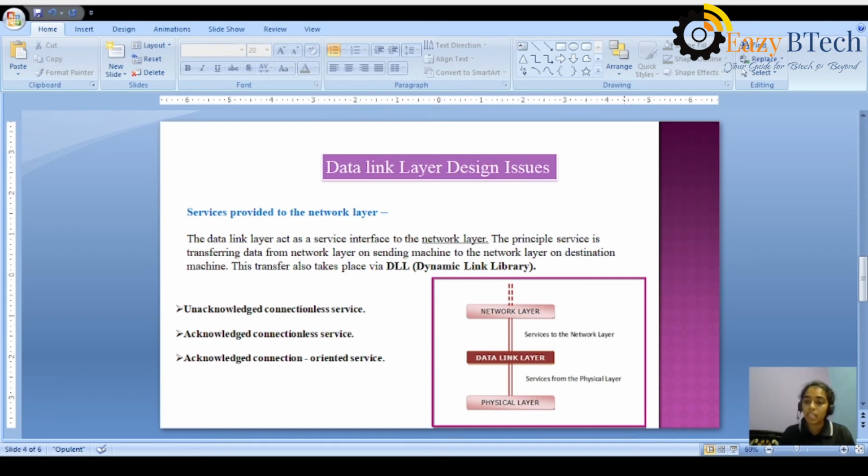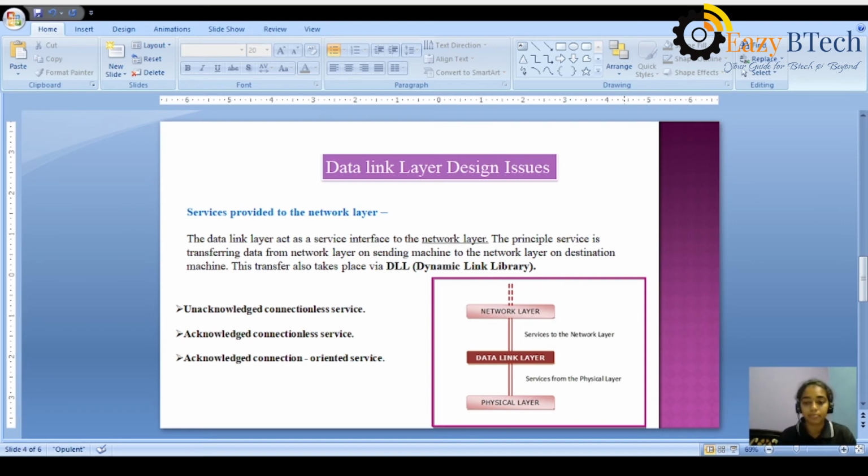We use a physical or transmission medium established from source to destination and give acknowledgement to the network layer. One means the data was successfully transmitted through the physical medium. Zero means there is an error; the data was not transmitted successfully through the physical medium. These are the different types of services provided by the data link layer to the network layer.